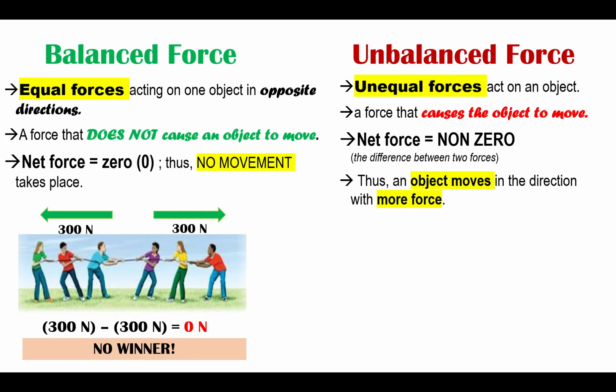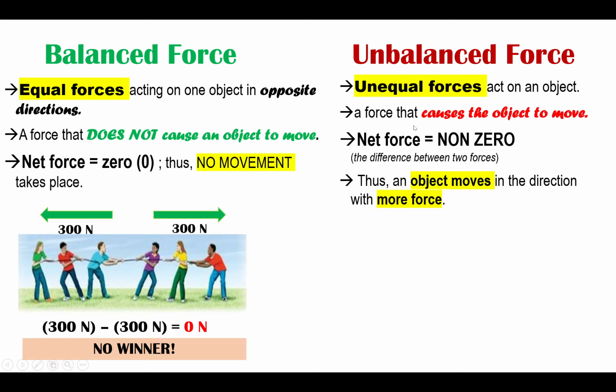But in an unbalanced force, one force is greater than the other. So the net force here is non-zero, meaning higher than 0. It could be 1, 2, 300, 500, and so on and so forth Newton. Again, but not 0 at all.